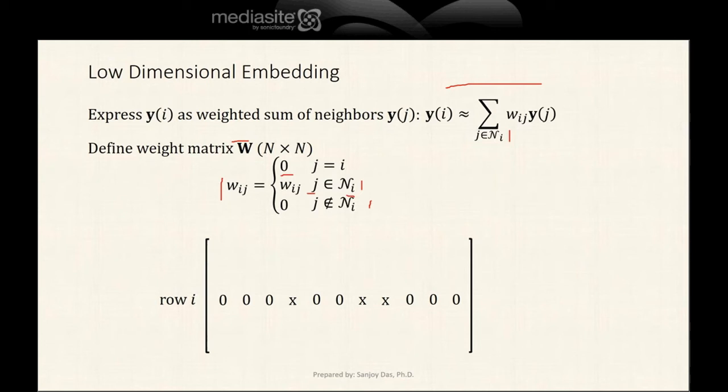So this is our weight matrix, and it is an n by n matrix where n is the number of samples. So we have one row for each sample, and this is row i, so it corresponds to the ith sample, xi. Now, how many entries do we have in this row? We have n entries because it's an n by n matrix, so it has n columns. And out of these, most of the entries will be 0.